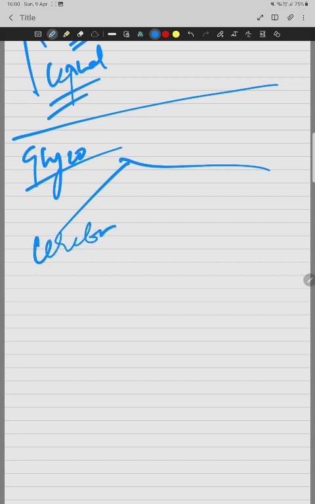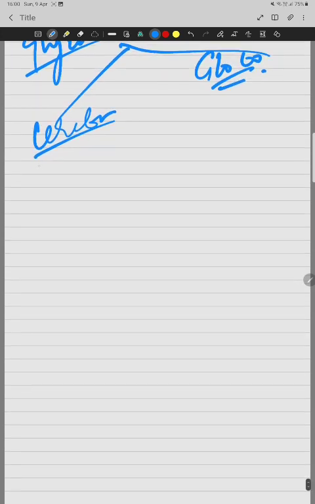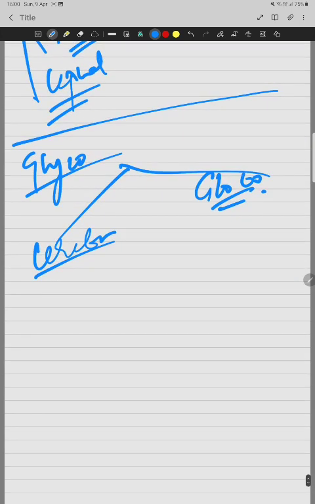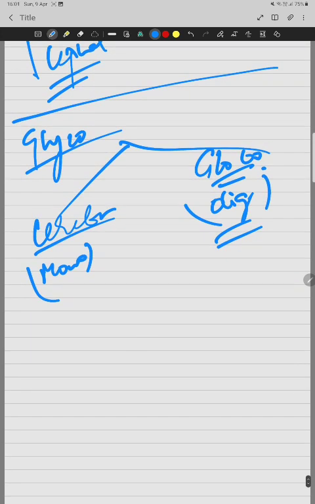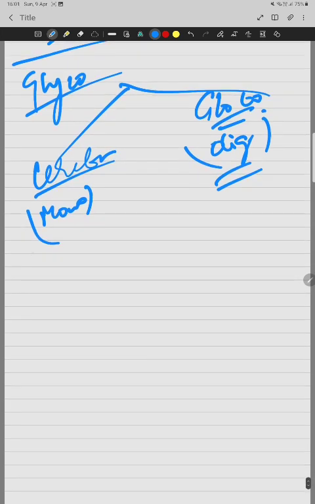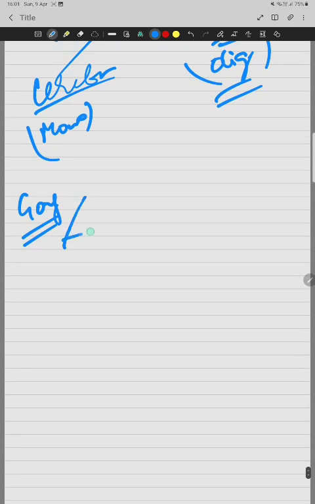It is basically of two types, cerebroside and globoside. A cerebroside has ceramide with a monosaccharide, while a globoside has an oligosaccharide. That is the difference between cerebroside and globoside. And next there is ganglioside. This is the question.